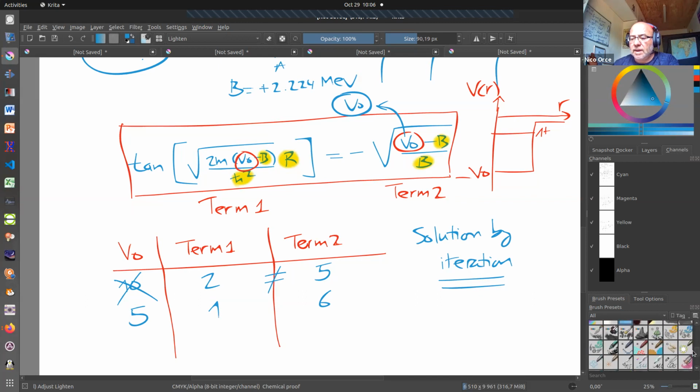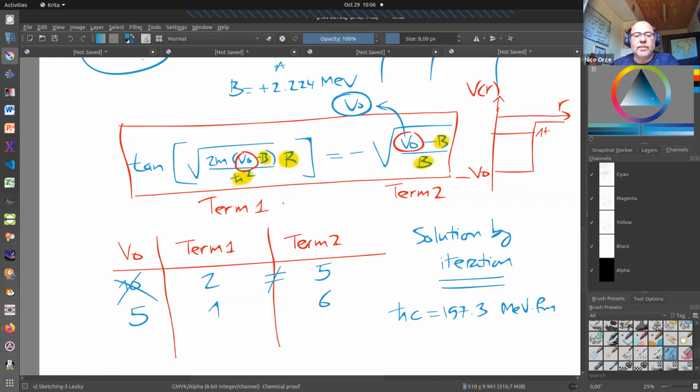The typical units: h bar c equals 197.3 MeV Fermi. If you can get those units there, that will be very useful. And as we know everything really: 2.224, the radius is 1.2 times 2 to the 1/3 Fermi.